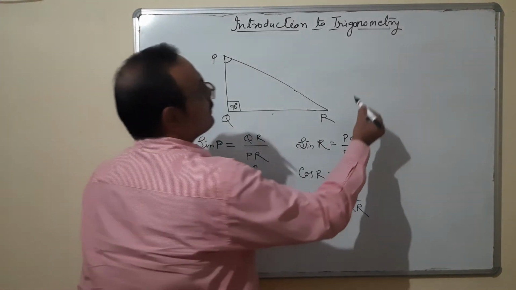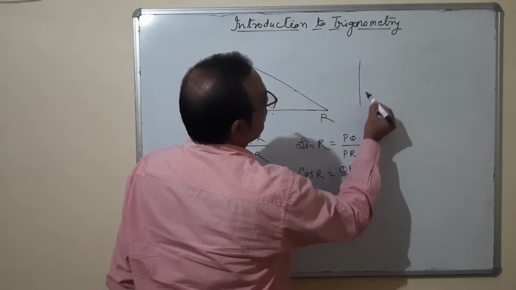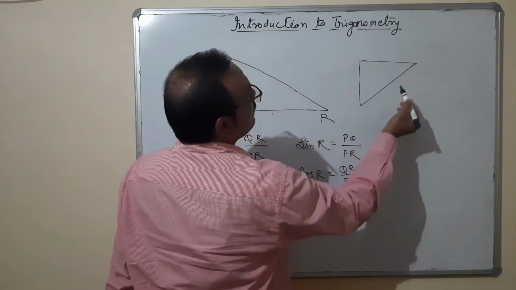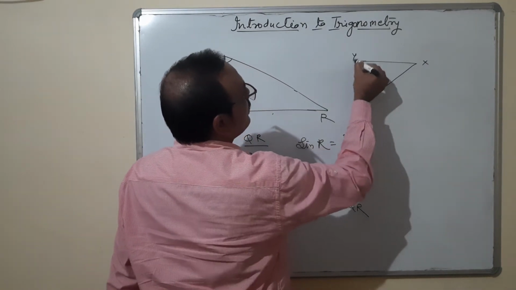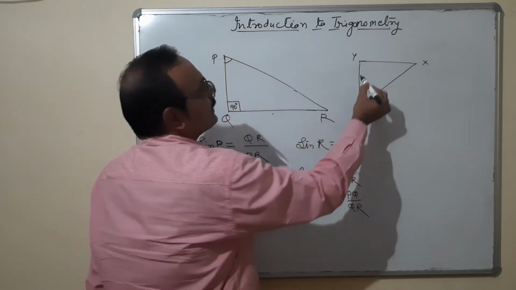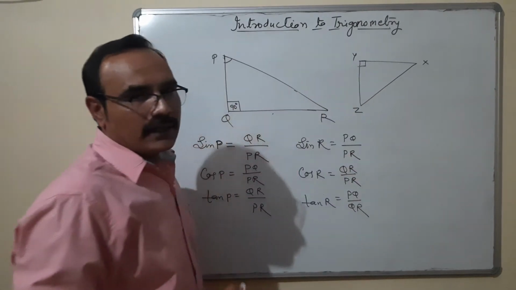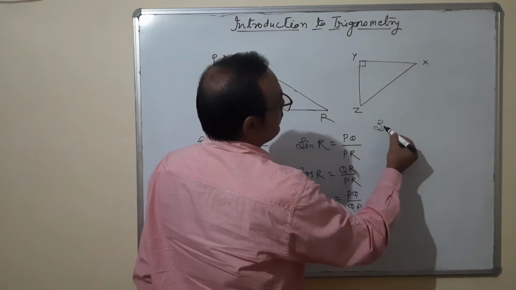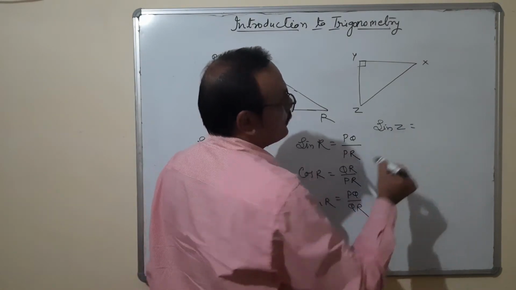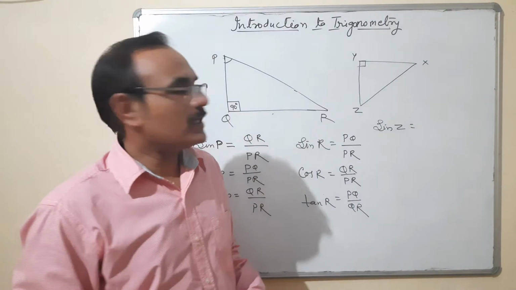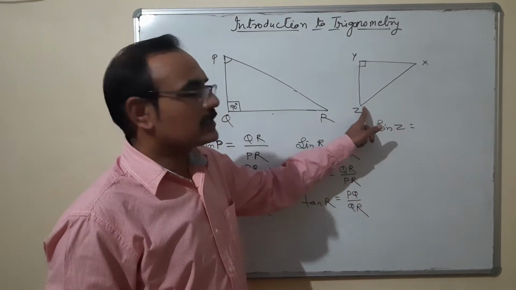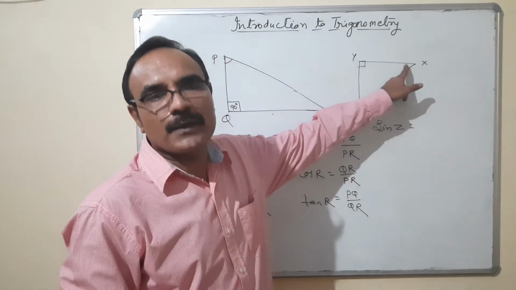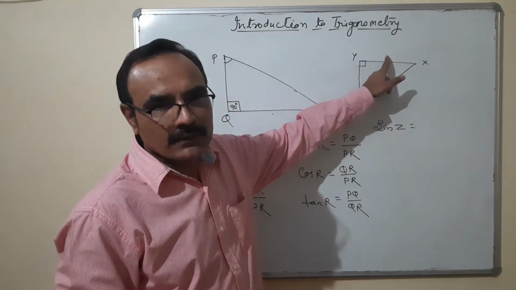This is a right angle triangle, suppose XYZ. The right angle is here, and I want to find the value of sine Z. Immediately you will understand that this is Z. Opposite of this Z, the opposite side is always the perpendicular.